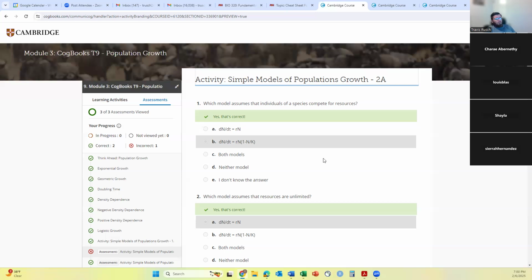It's the variable that logistic has that exponential doesn't. It's the carrying capacity, right? That's how we know they're competing for resources, because they have a limitation on what their population level can be. There's a cap on it.